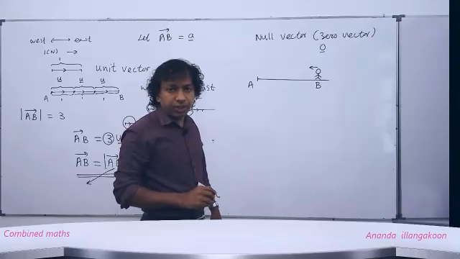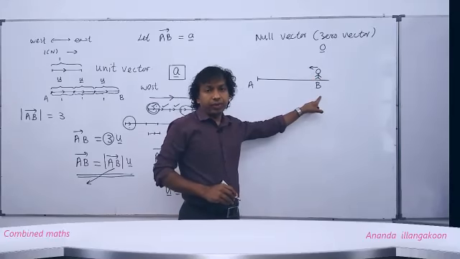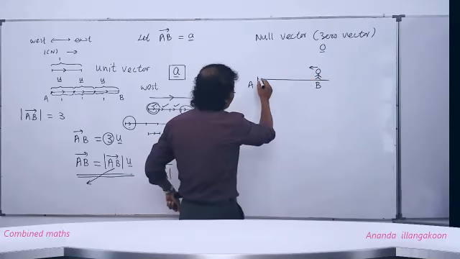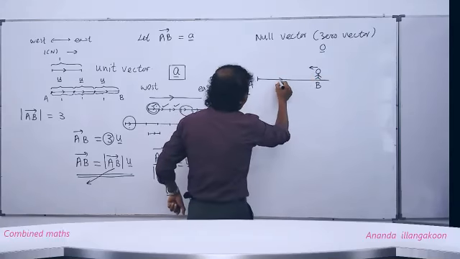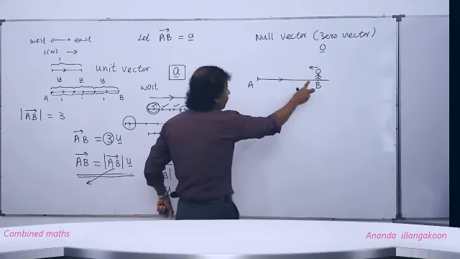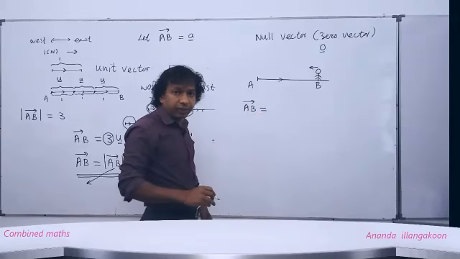Now we measure the displacement of this person from A. Since we measure from A, our arrowhead should go from A to B, no? When the man is somewhere here, the displacement of this man from A is given by the AB vector.